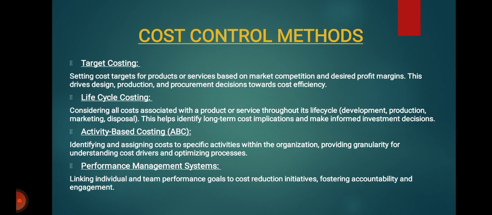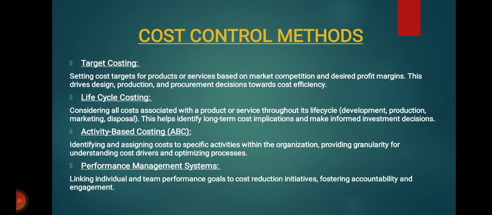For example, a software company uses ABC to identify that 30% of its costs are associated with rework caused by unclear requirements, which leads to implementing stricter requirement gathering processes, reducing rework and associated cost. Here we are identifying the activity and the cost driver for that activity, and we are doing things to make it clear. So that is activity based costing.